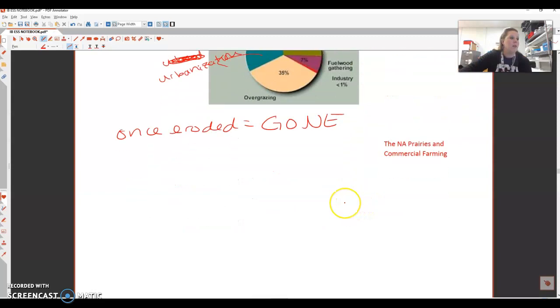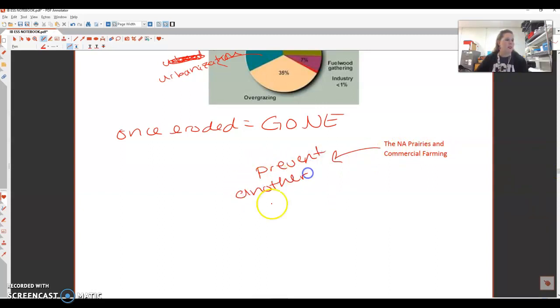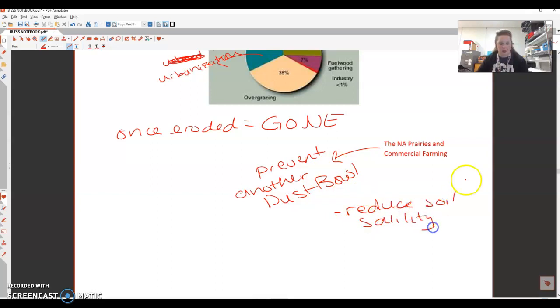Now, how do we prevent another Dust Bowl from happening? So let's look specifically at the North American prairies. So this is going to be the Midwest. So this is going to be like the middle section of the United States. So this is where we have most of our commercial farming. So how do we prevent another Dust Bowl? Well, you have to reduce soil salinity and erosion.